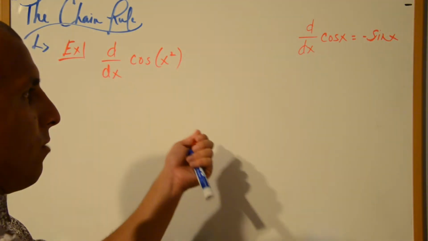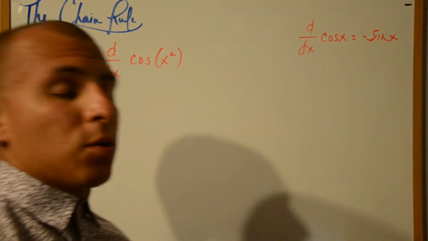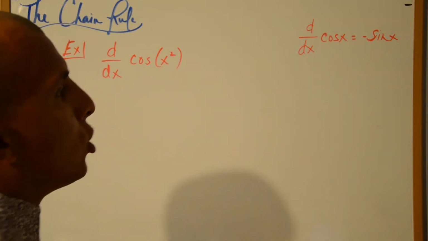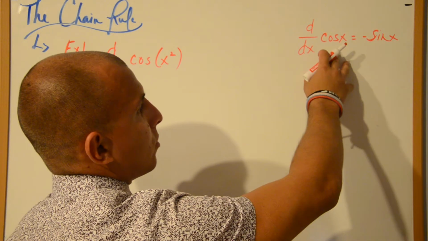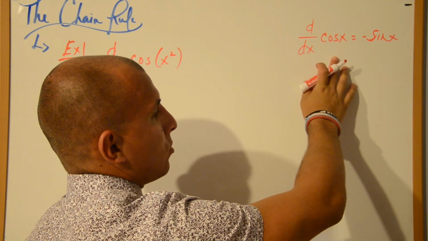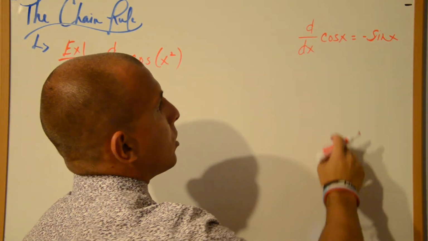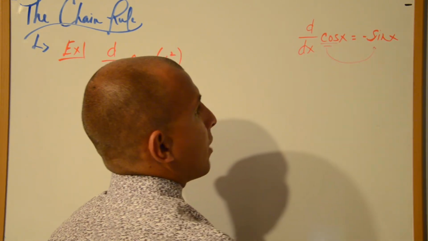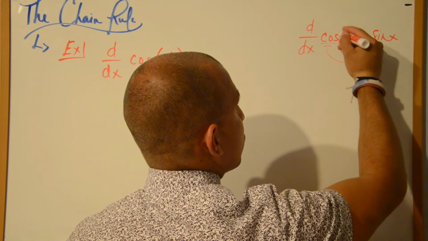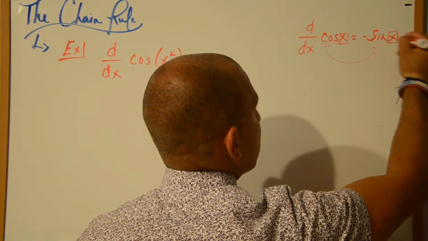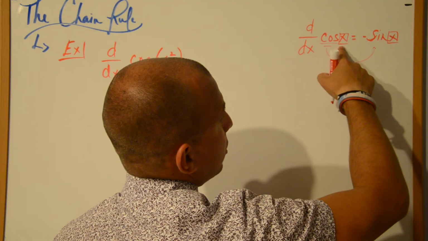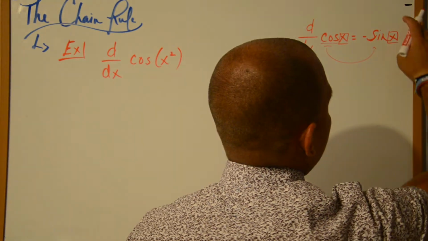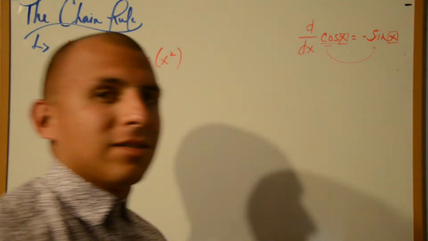Before I had even written down the theorem for the chain rule, I said we have an instance of the chain rule here that we don't necessarily need to pay homage to. The outer function is cosine, which we derived as negative sine, still composed with our inner function. But if we took the derivative of our inner function, x, it's really just 1, and we don't need to worry about instances like that.